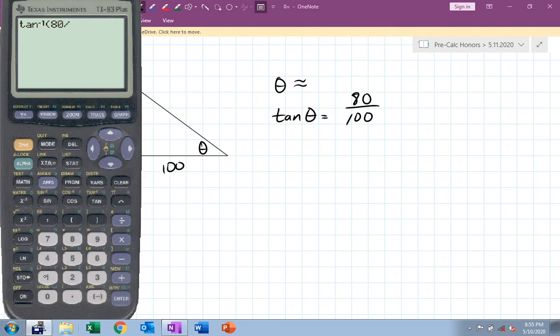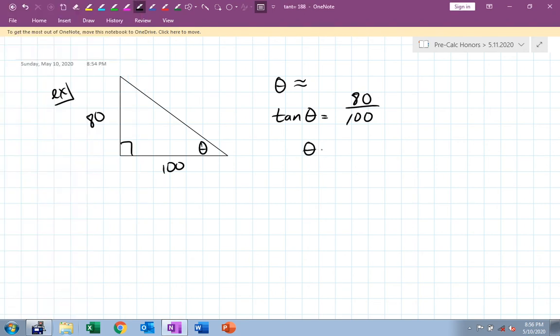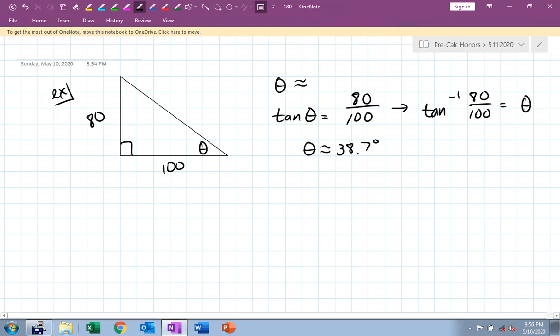So if I give it the sides, 80 and 100, it will give me the angle that has that as tangent. So this is 38.7 degrees. So to plug this in, again, use tan to -1 of 80 over 100 equals our angle.